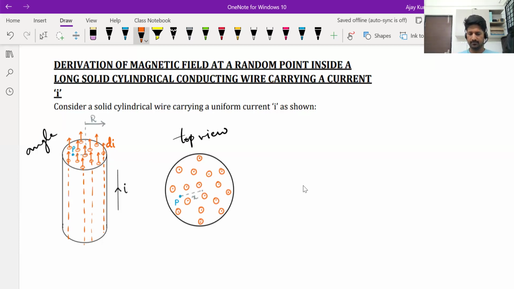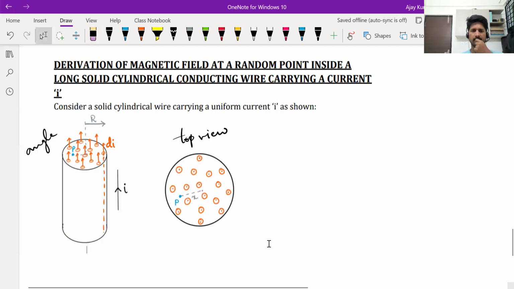So it's a collection of infinite straight current carrying wires, and we have to find out their magnetic field at one point. If there are infinite elements producing magnetic fields and you have to find out the net magnetic field, what do we generally do? We integrate them.